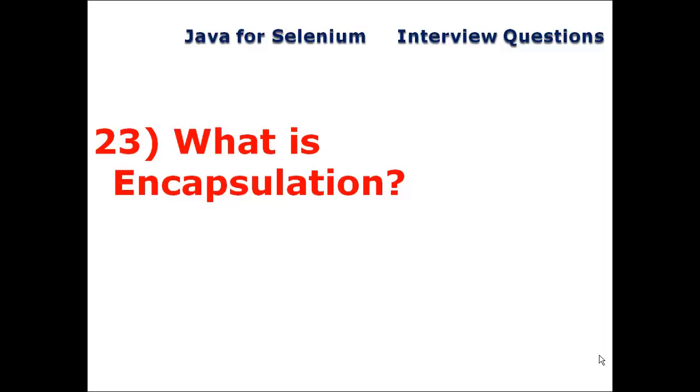It provides us control over the data. By providing setter and getter methods, we can make a class read only or write only. If we won't define setter method, then read only.